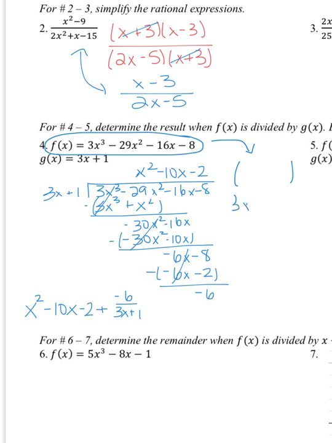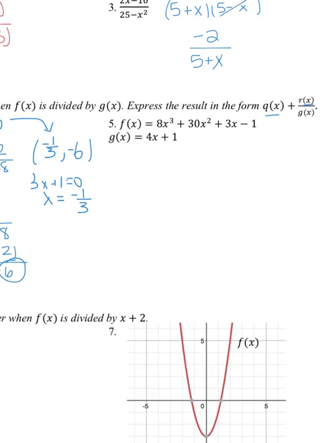So 3x plus 1 equals 0, you get x is equal to negative 1/3. So it contains the point negative 1/3, comma, the remainder is negative 6. Okay? You're going to use that in a second with 6 and 7.